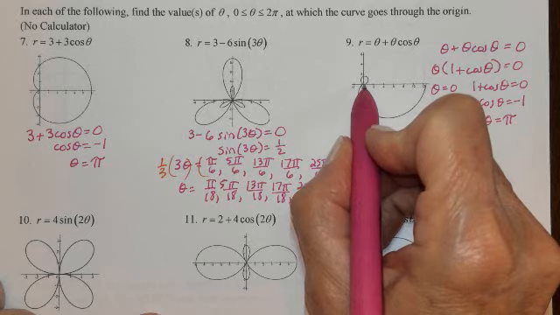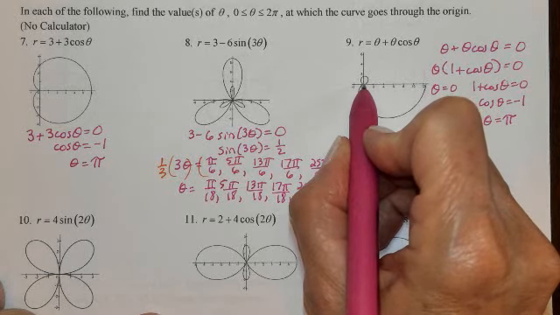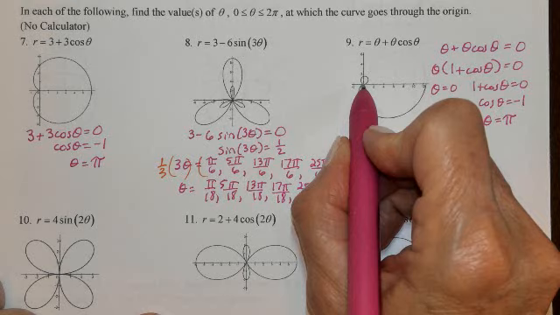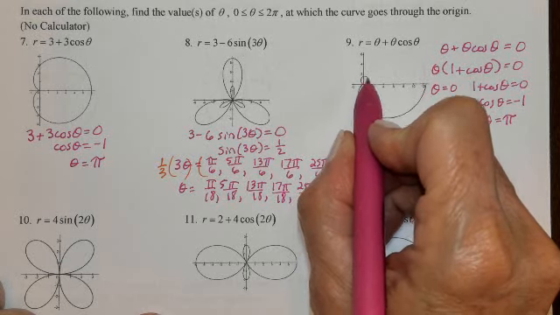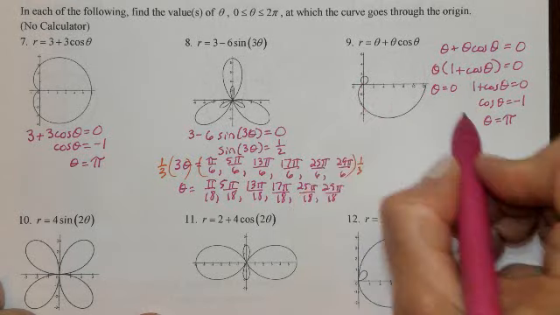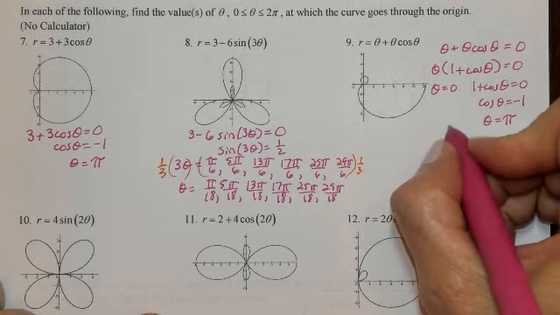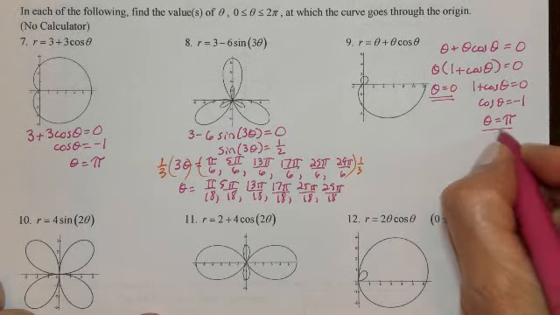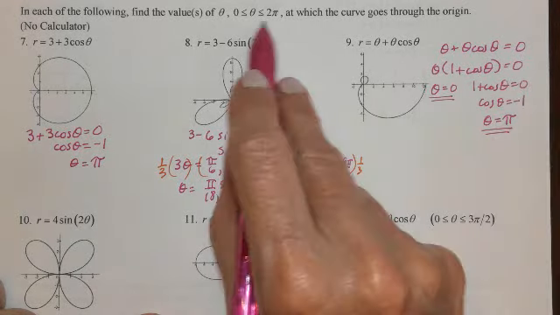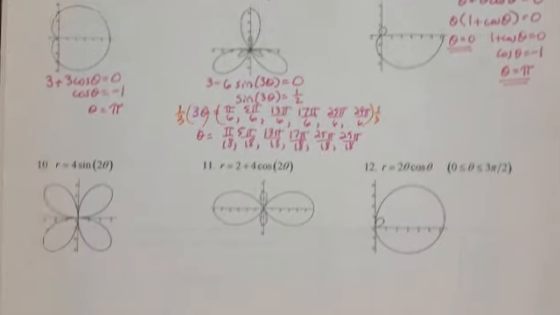So I started at the origin, and then I went all the way to pi, and I'm back at the origin. Or maybe it goes like this. No, it goes like this. And then it goes around. So my two theta values are 0 and pi. That's where r is at the origin. If you want to see more of it beyond 0 to 2 pi, you could grab that on your calculator and see.